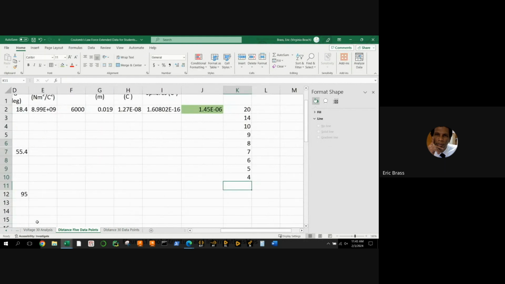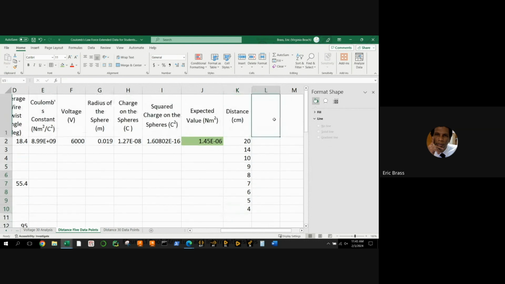And see the angle, average wire twist angle. Should I convert that now? I think I will. Distance in meters.